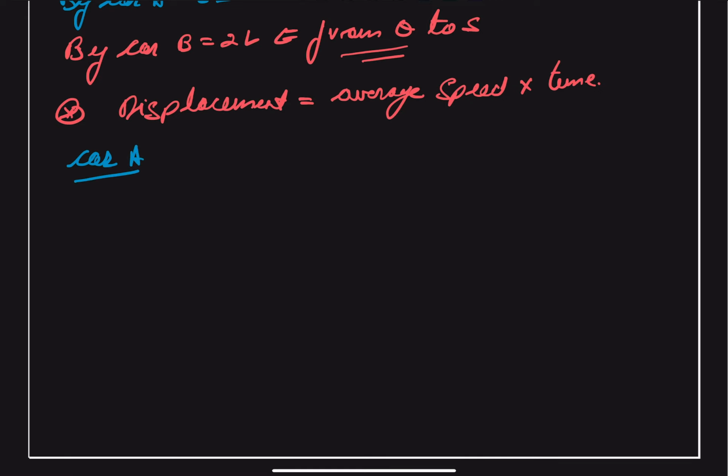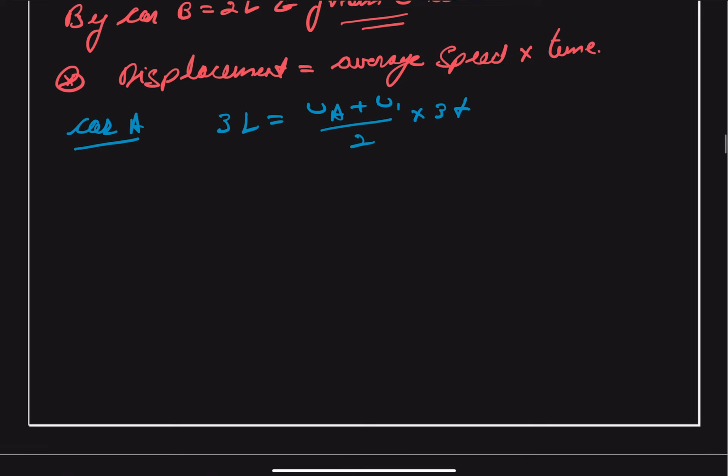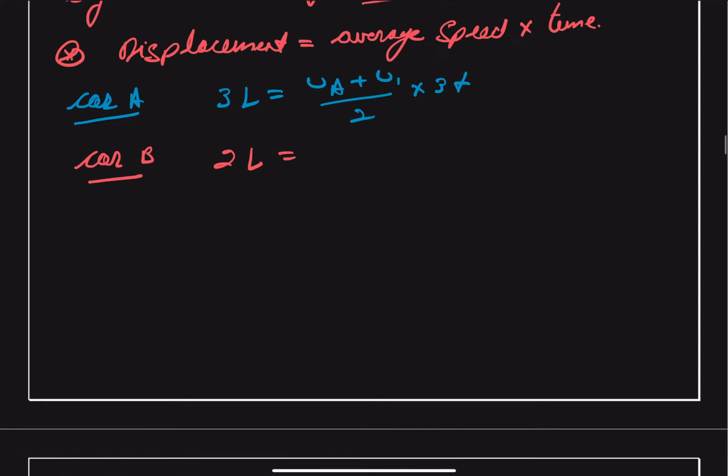This will be equal to (VA + V1)/2, where VA is the velocity at P and V1 is the velocity at S, multiplied by 3T. And for car B, distance traveled is 2L and the average velocity is (VB + V2)/2, and time taken is also 3T. So both the cars are taking time 3T.